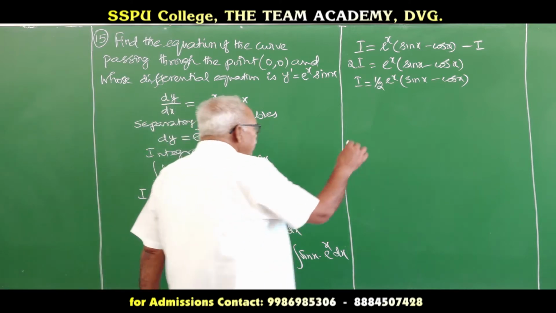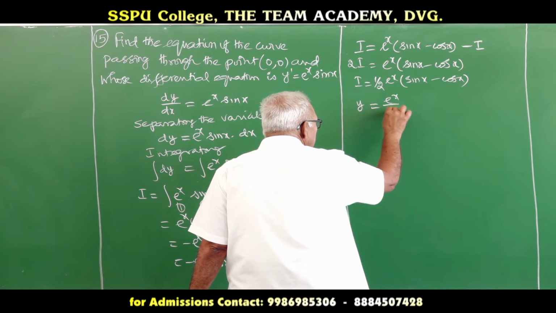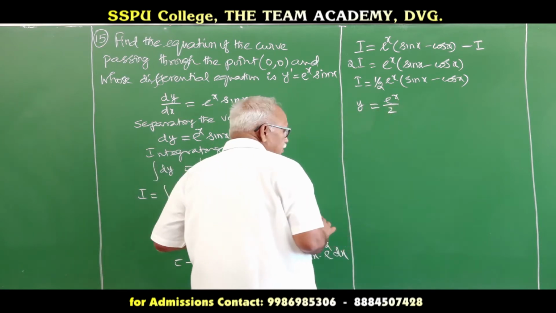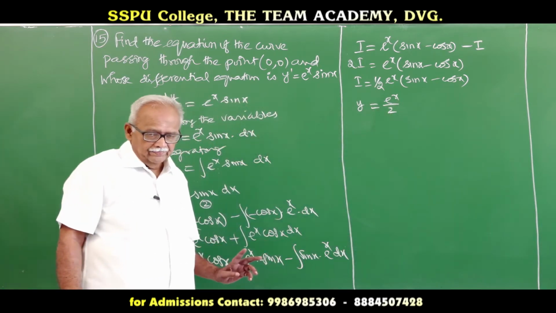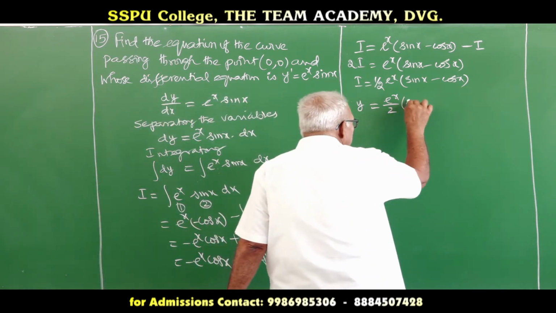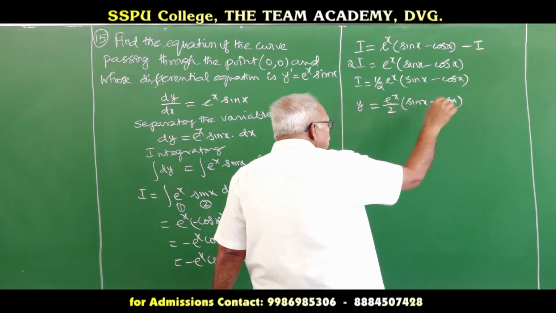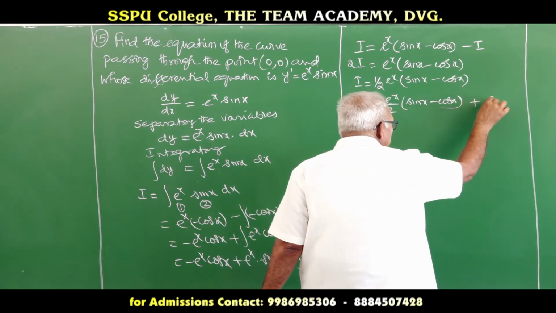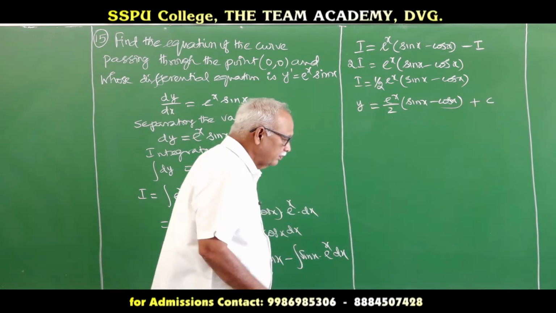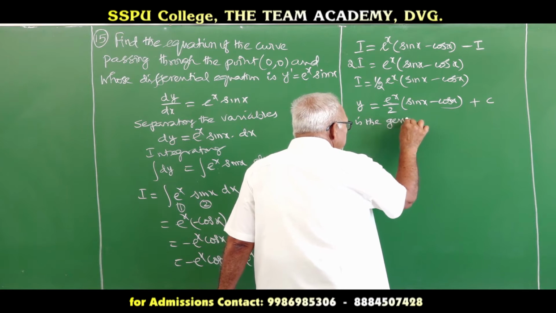Now, we can get the general solution, which is y, the integration of dy is y, and the integration of e^x sin x is what we just completed. So y = e^x/2 (sin x minus cos x) plus the constant c, is the general solution.